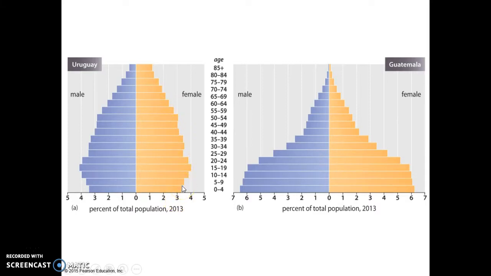So in the future, we can even expect Uruguay to have a negative population growth. Population will decrease. Whereas in Guatemala, it's just the opposite. In Guatemala, we see that the youngest age groups are the base of that pyramid, meaning that the population in Guatemala has a momentum that will just keep on growing because there are so many young people in their prime reproductive years.